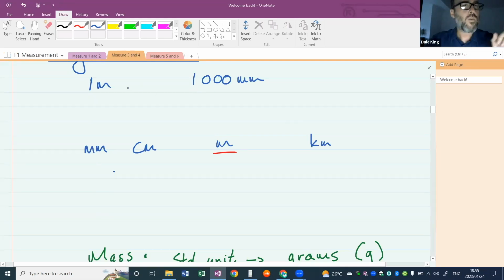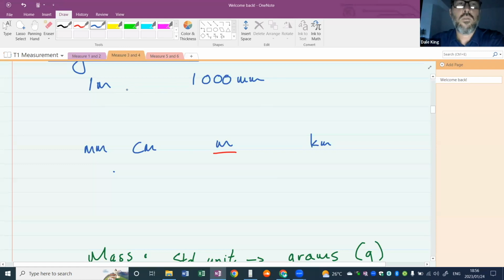So to go from my 1 meter and change my unit of measurement to a smaller unit of measurement, which is millimeters. Millimeters are small. I need a lot of millimeters to make up the same 1 meter stick. So to express meters as millimeters, I have to do a calculation.